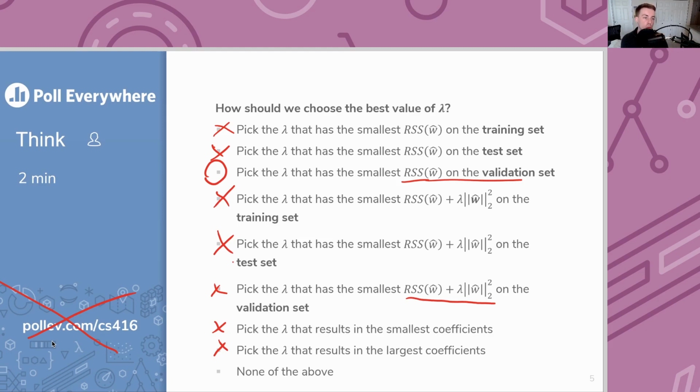And we change the quality metric to stop the learned predictor from overfitting. But when choosing the right lambda, the level of the penalty, we don't really care about that ridge thing anymore. We don't care about penalizing coefficients. We want to find the right penalty that yields the best model. And to choose the best model, we use the validation set. And we want to find the one that minimizes the validation error.